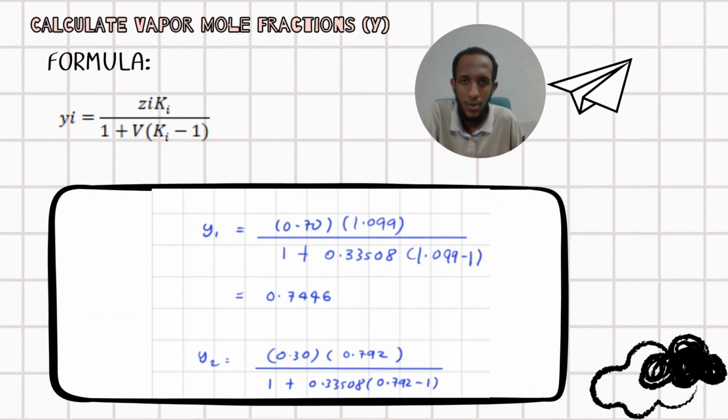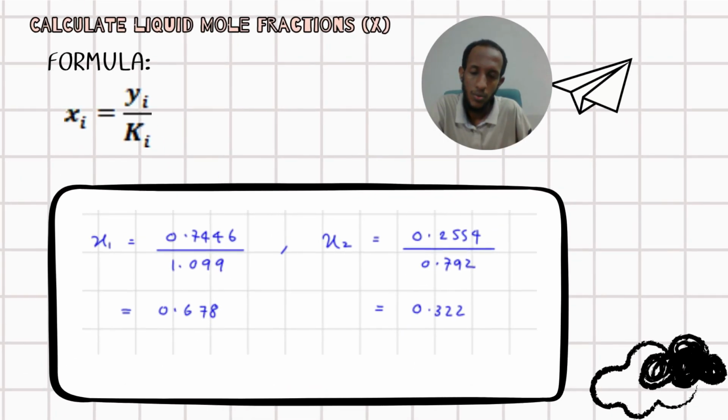Okay, we will continue our calculations, and this time we will calculate the vapor mole fractions, Y1 and Y2. The formula is shown on the slide, and we already have the values of K and V as calculated before. After direct substitution, the value of Y1 is equal to 0.7446 and the value of Y2 is equal to 0.2554.